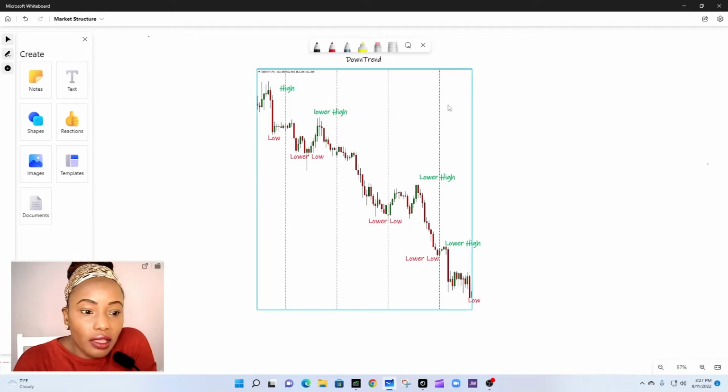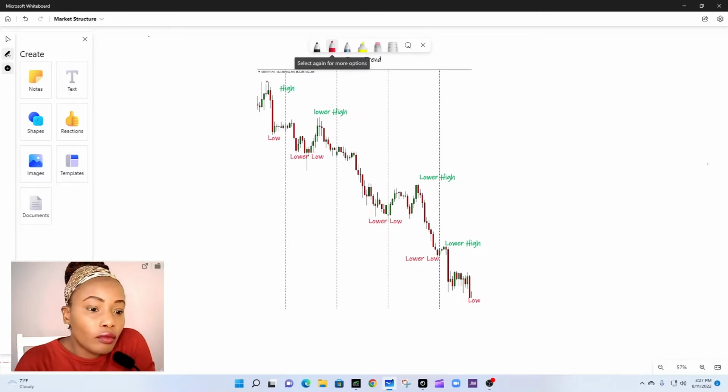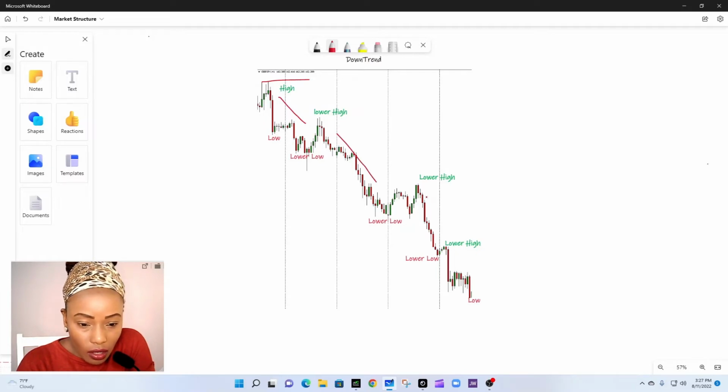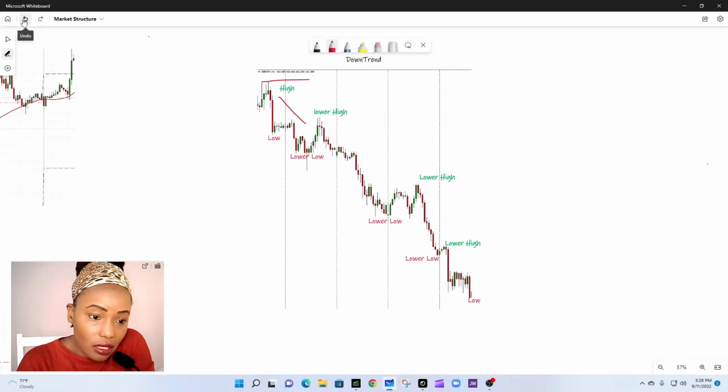So with the downtrend, you can clearly see price is coming from a high price point. Let's check it out here. So this is where price is coming from the high, and it's pushing lower and lower and lower and lower. So that tells you as a trader that this is a downtrend market structure.